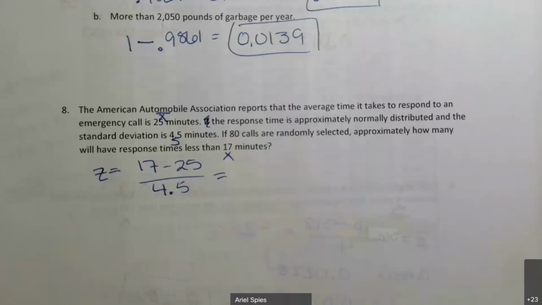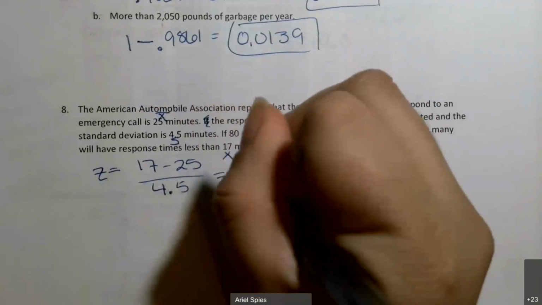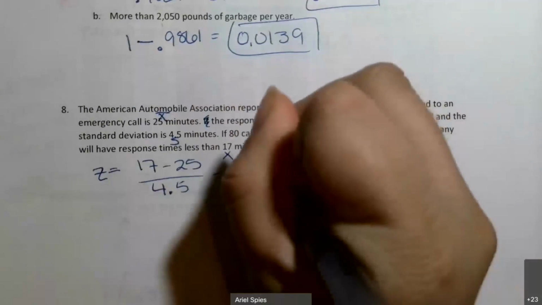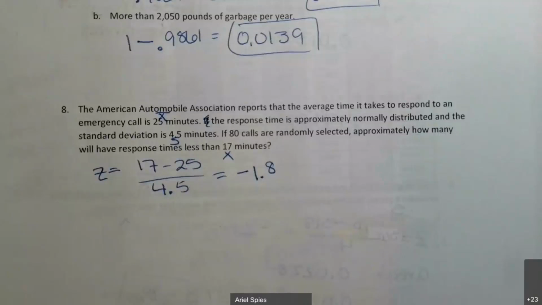Okay. So this gives us negative 1.78, like I said before. The chart rounds to 1 decimal place for numbers over 1, so it's going to be negative 1.8.